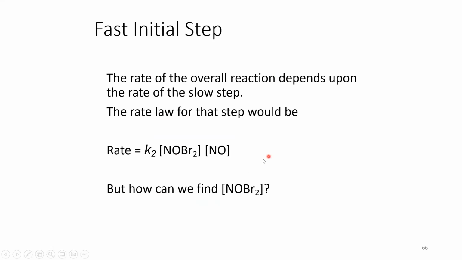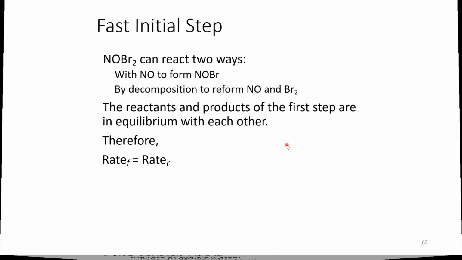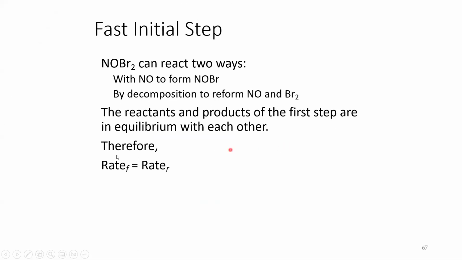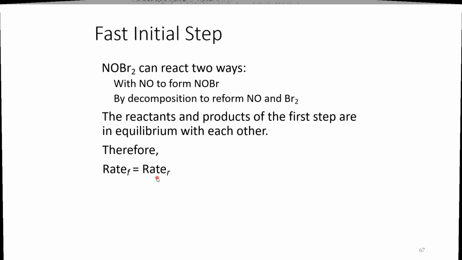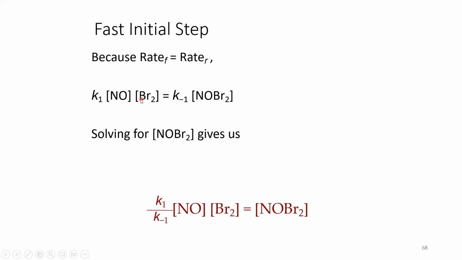And what we're going to do is think about the first step, where this intermediate is being created, where we've got that reversible reaction. The rate of the forward reaction is going to be equal to the rate of the reverse reaction, so we're at equilibrium. We'll be taking the same amount of reactants, converting them to products, as we will be taking those products and converting them back to reactants. So we can write that first rate law: the rate constant times the concentration of those reactants, because we were combining them to form this.